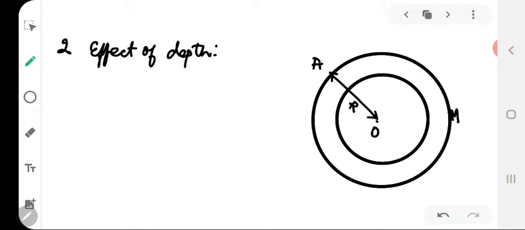At a point A on the surface of Earth, the value of acceleration due to gravity is given by g. We consider a position B at a depth x from the surface of Earth, and at this point the value of acceleration due to gravity is given by g dash. So obviously this distance will be given by r minus x.